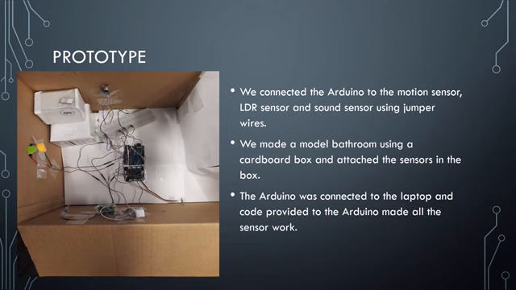Sorry, it is a resistor, and the resistor connects the microscopic sound sensor as well as the fan and the LED bulb. As for the whole setup, we have built this using a cardboard box, and we used male and female jumpers to connect each sensor with the Arduino.